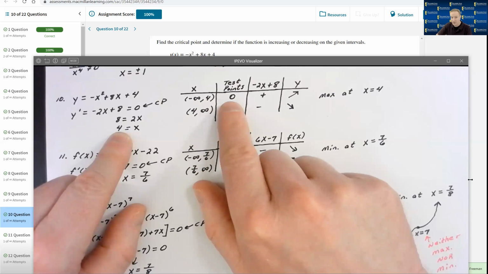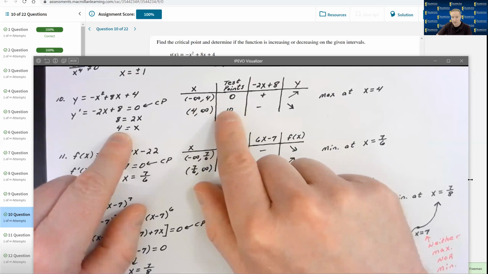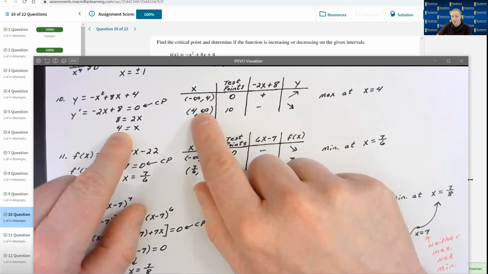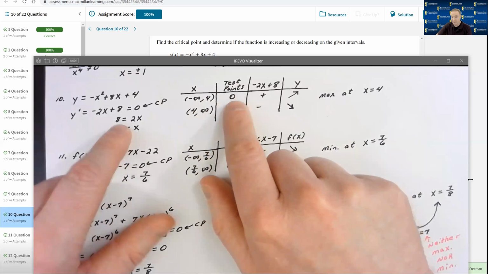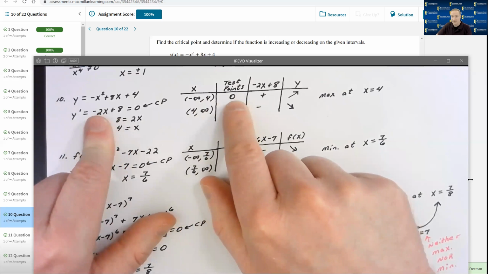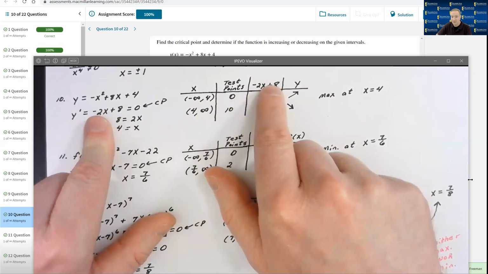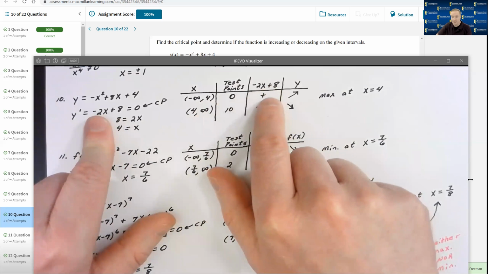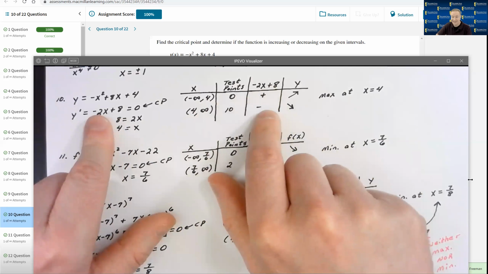I plug a 0 into my first one. I'll plug a 10 into my second one. When I plug that 0 in, what do I plug it into? I plug it into my first derivative. There was no need to factor it this time. If you evaluate this first derivative at 0, clearly you'll get a +8. If you evaluate it at 10, you would get -20 plus 8, it'd be a -12.